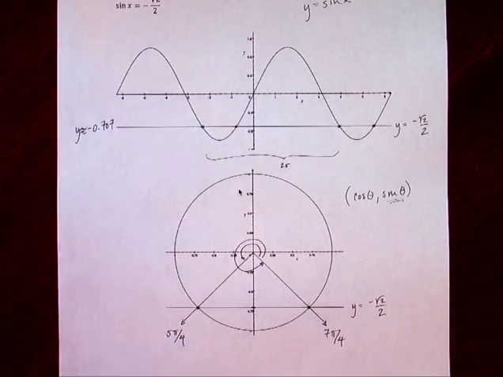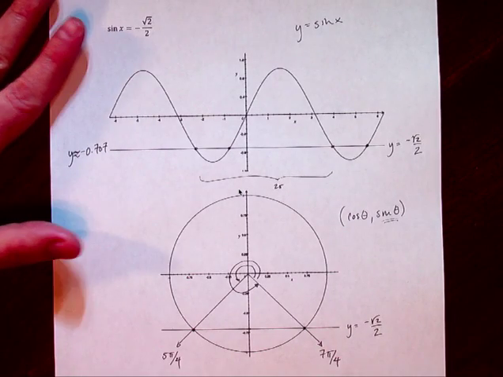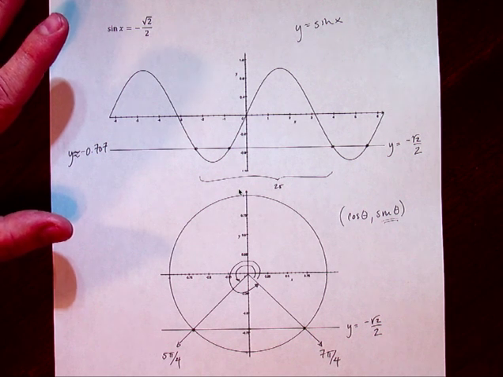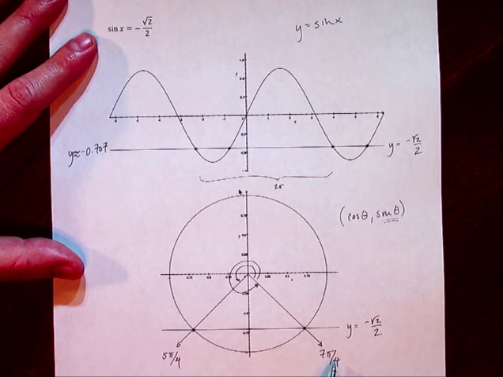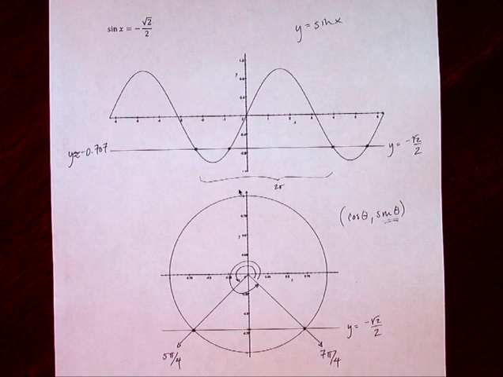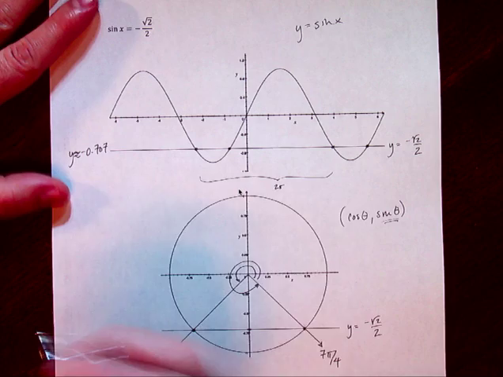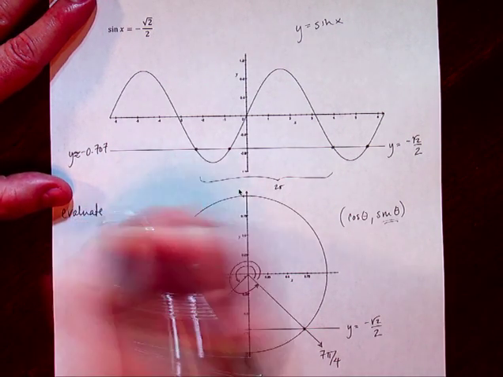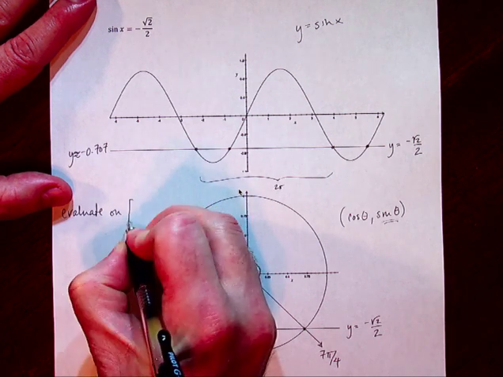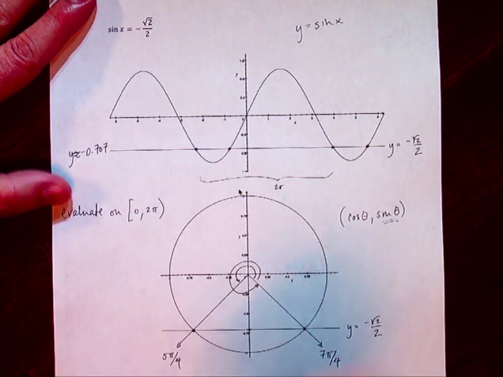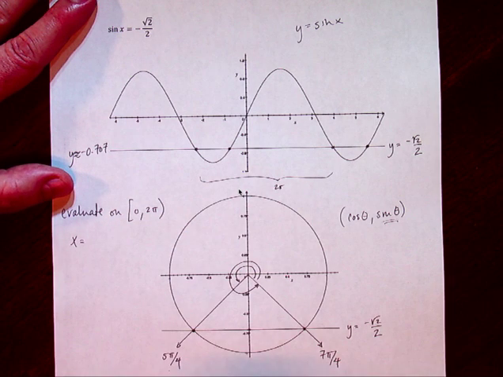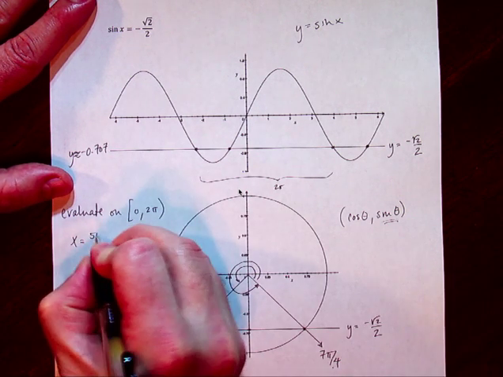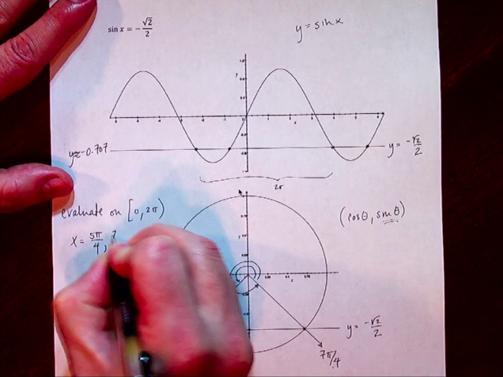Now, if we were being asked to provide the answer on the implied domain, it would not only be 5 pi over 4 and 7 pi over 4, it would be all of their coterminals. Equations like this sometimes come with specific instructions, like evaluate on 0 to 2 pi. If they do that, then your answer is simply these two right here, because both of those exist on that interval.